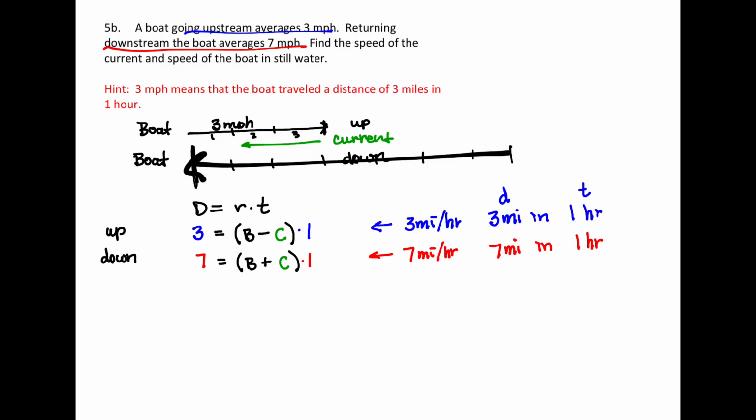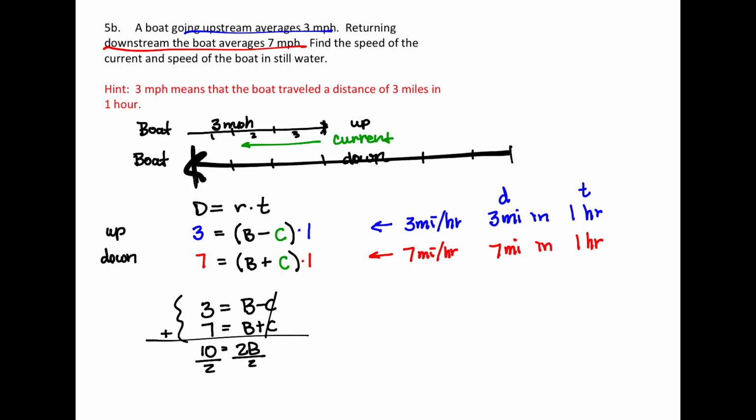So our two equations become 3 is equal to b minus c, and 7 is equal to b plus c. And we can add them right now. C's cancel. I get 10 is equal to 2b.